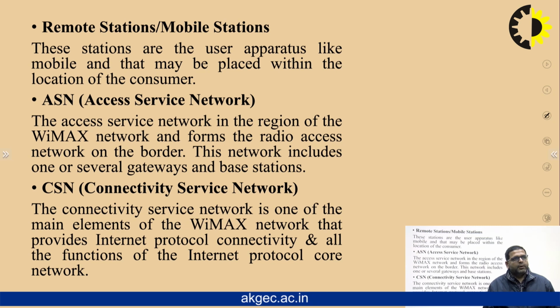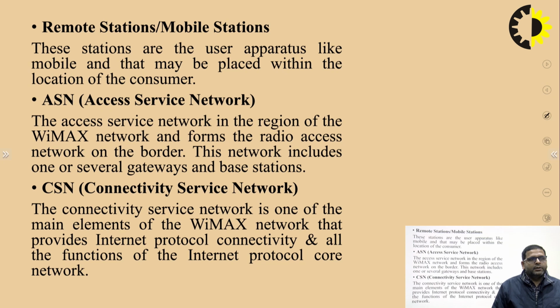Now, when we talk about remote station or mobile station, these are the user equipment like a mobile phone that may be placed within the location of the consumer. Second is the access service network.